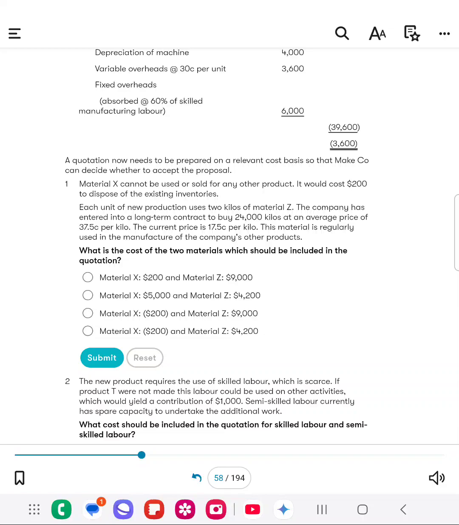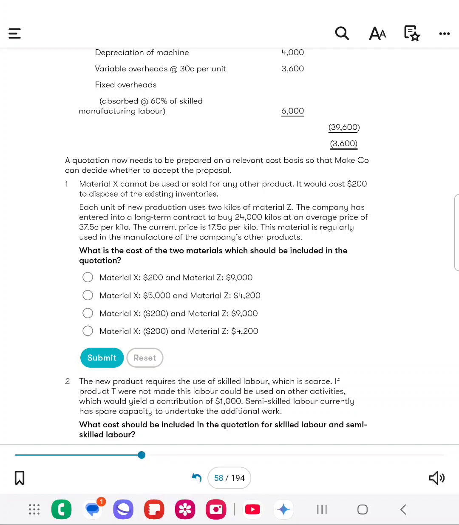The current price is 17.5 cents per kilo. This material is regularly used in the manufacture of the company's other products. What is the cost of material Z which should be included in the quotation?